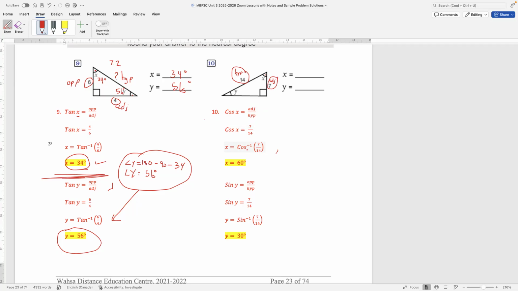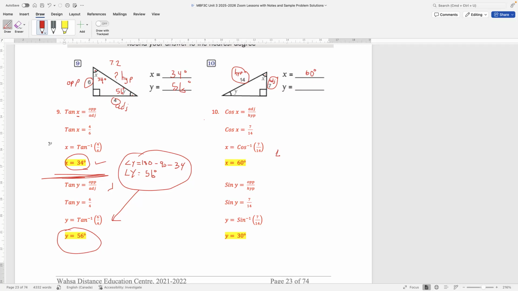So cosine again. So now I'm going to go second function cosine, 7 divided by 14. And press the equal sign, and you'll get 60 degrees exactly. So x is 60 degrees. So now again we can do this part over here.